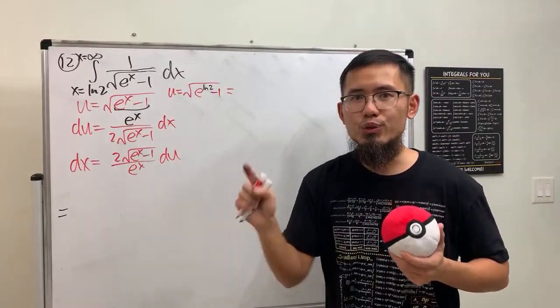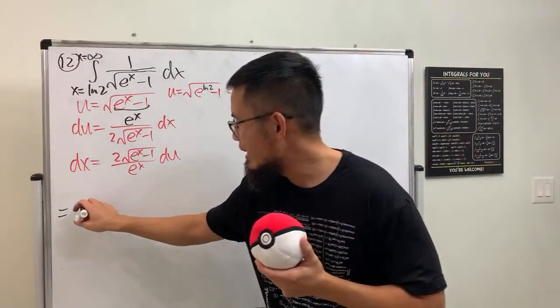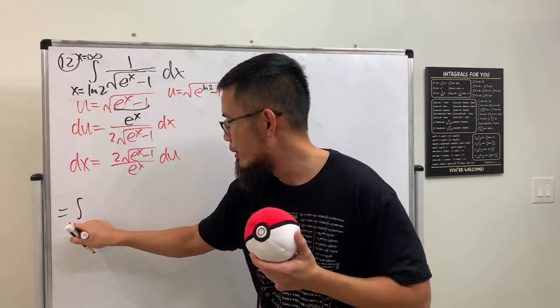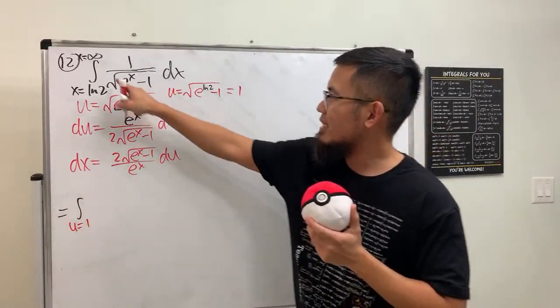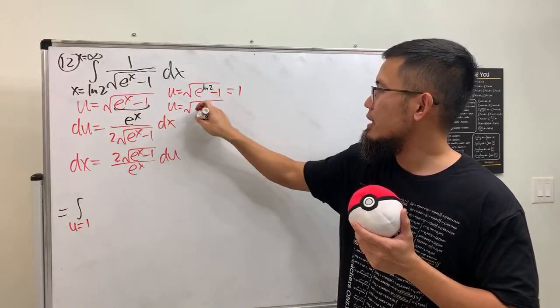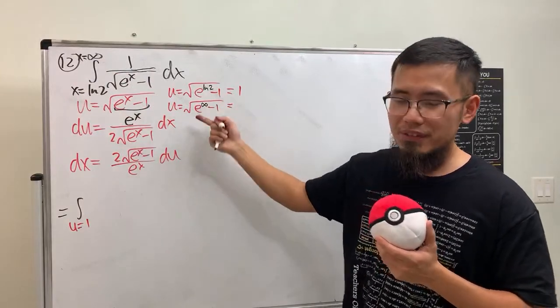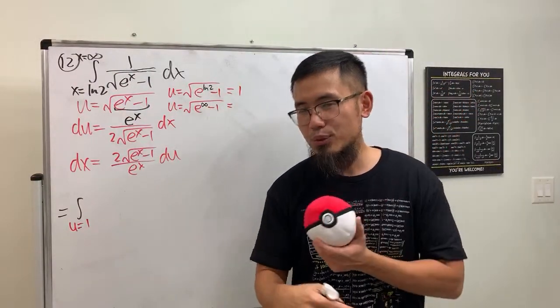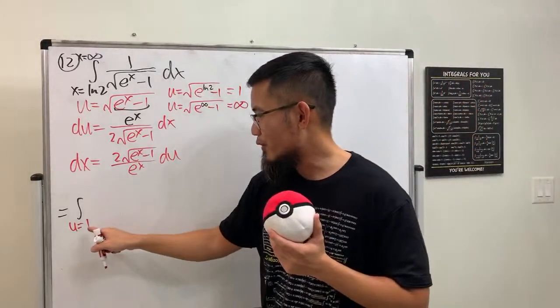Do the square root, you still get 1. Here, integral u goes from 1. Next, put infinity here. U is e to the infinity minus 1. E to the infinity is infinity, minus 1 is still infinity, the square root of infinity is still infinity, so infinity. U goes from 1 to infinity.